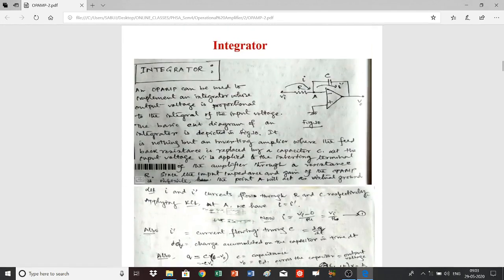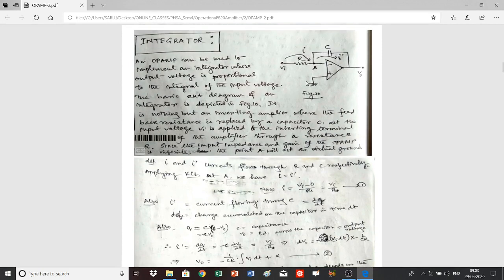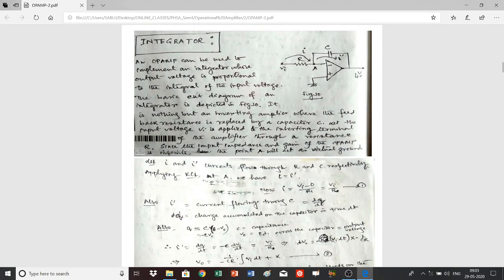That means any small value of the input voltage will saturate the output voltage. If you apply a small input voltage, then the output voltage will go to the saturation voltage, and this is obviously a problem.